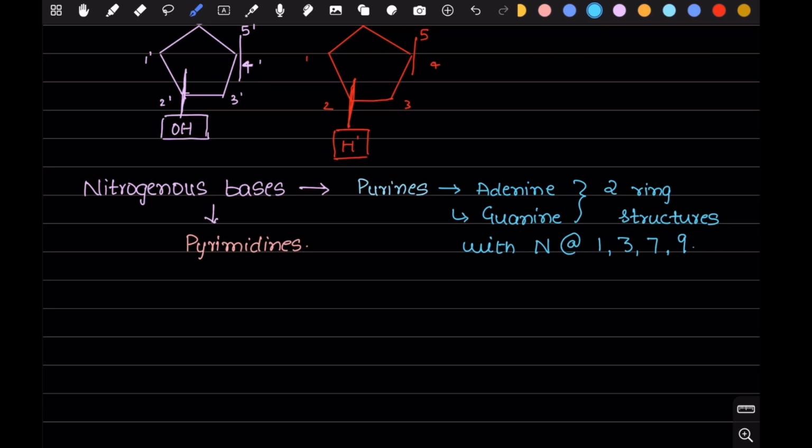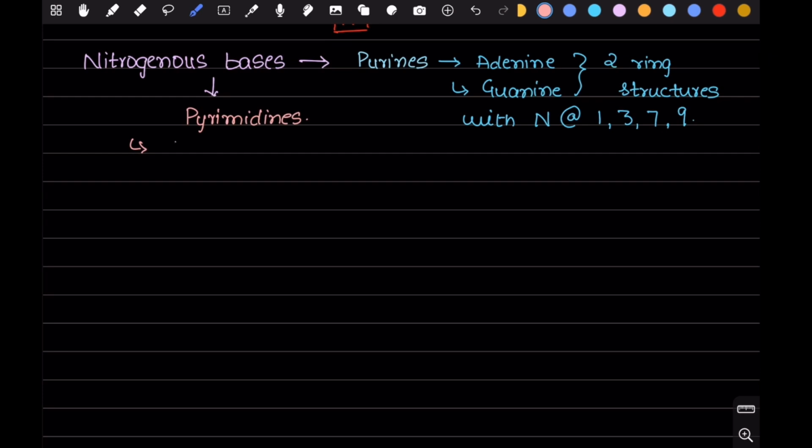Next, if we see into the description of these pyrimidines, we have only 2 purines, but there are 3 pyrimidines. Cytosine, the second one is thymine, and the third one is uracil.